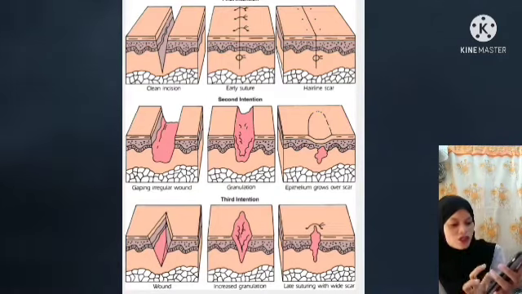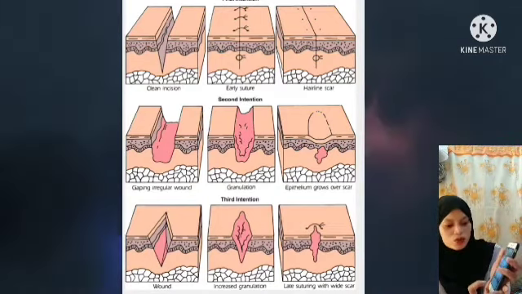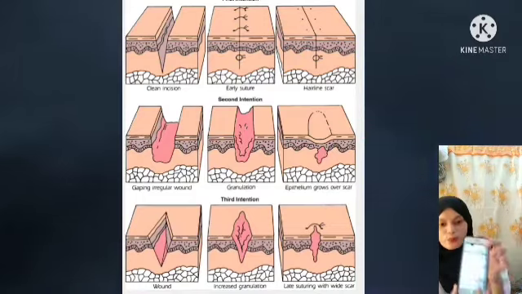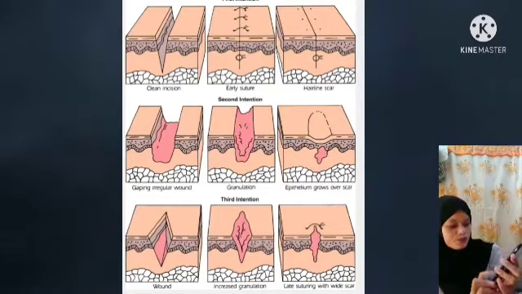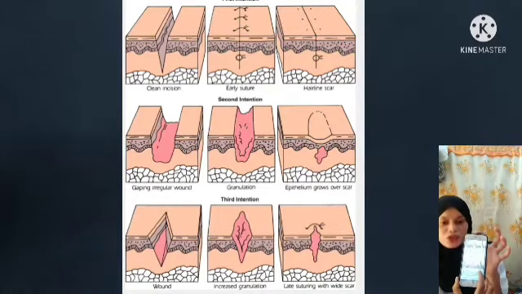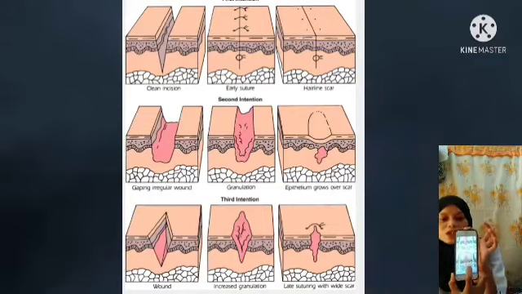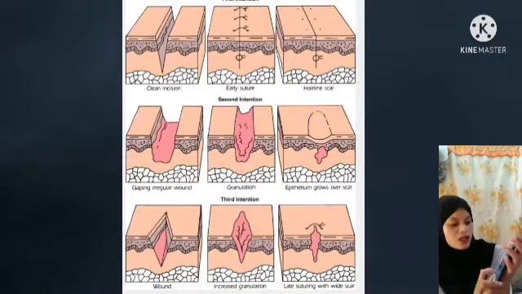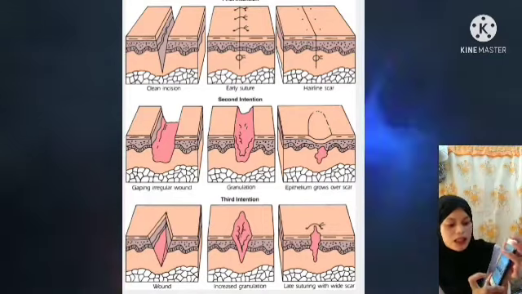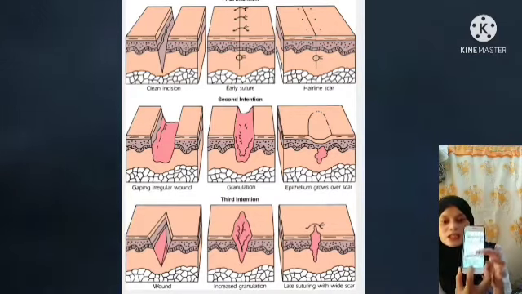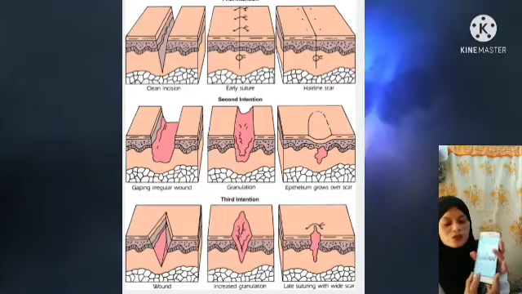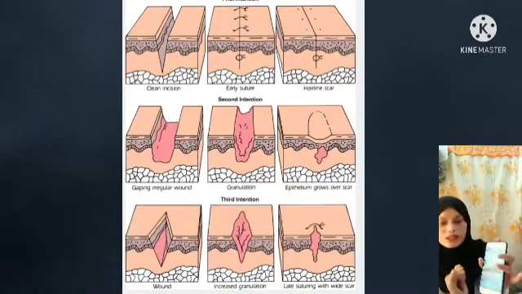So the third intention is this wound. This is the wound with increased granulation. And then late suturing with a wide scar. This is late suturing with a wide scar.